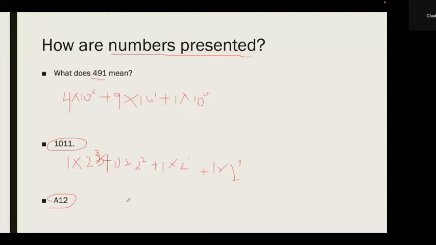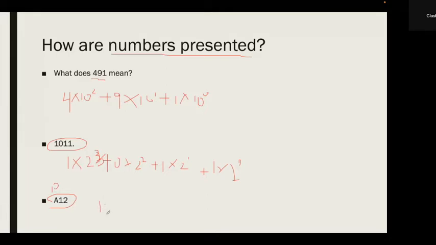It's pretty badly written, but for hexadecimal numbers, it's the same thing as decimal numbers and binary numbers. The only difference is that it's 16 to the power of its position, not 10, not 2. So this A means 10, right?